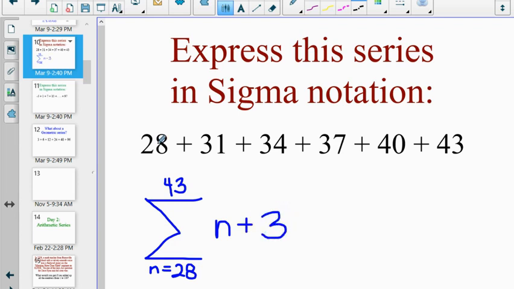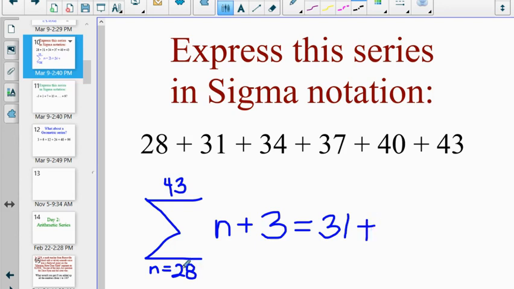And let's do n plus 3, because they're going up 3s. So I'll start at 28. I'll go up until 43, and they're going up 3s. This is wrong. I want to be very clear. What this would give me would be, well, when I plug in 28, 28 plus 3 would give me 31.